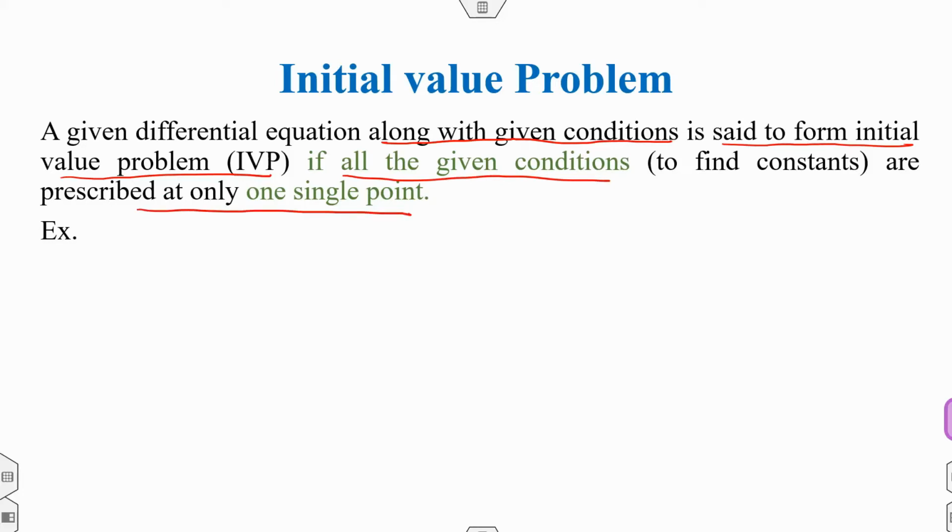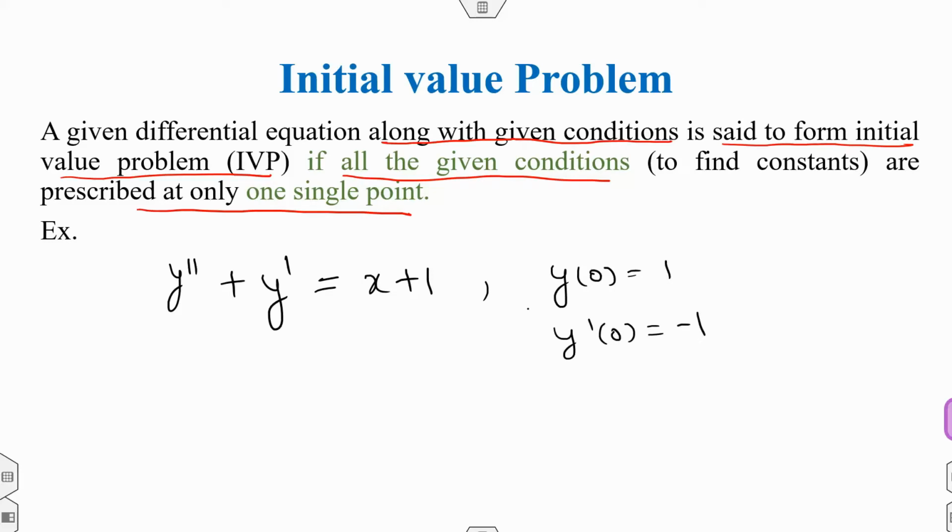For example, if I write y'' plus y' is equal to x plus 1, and I give initial values at a single point, at x is equal to 0, y is 1, and at x is equal to 0, y' is minus 1. So this is an example of the initial value problem.